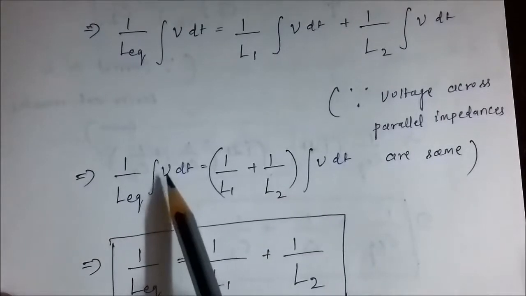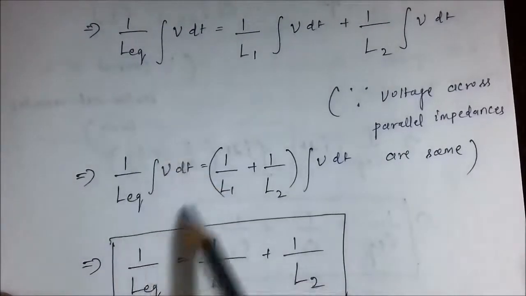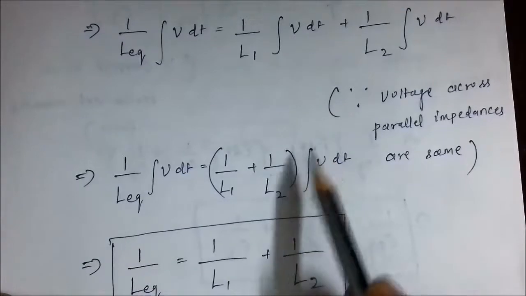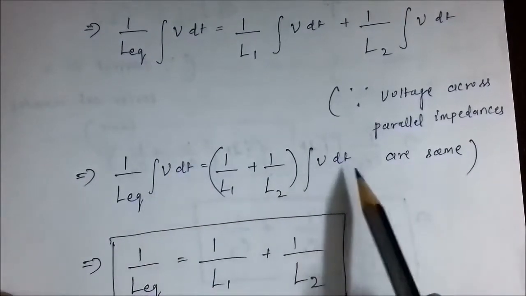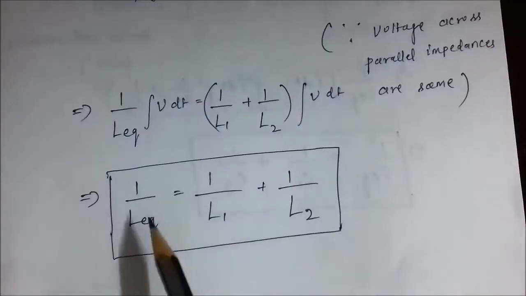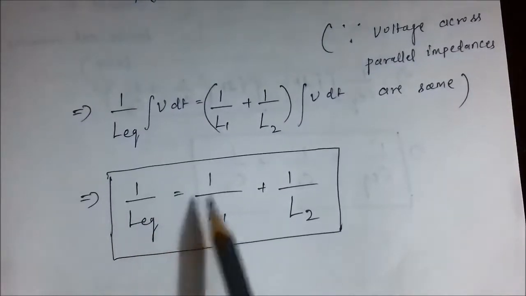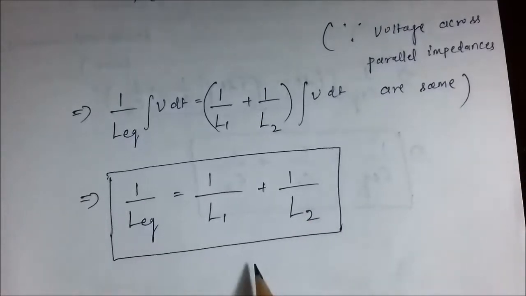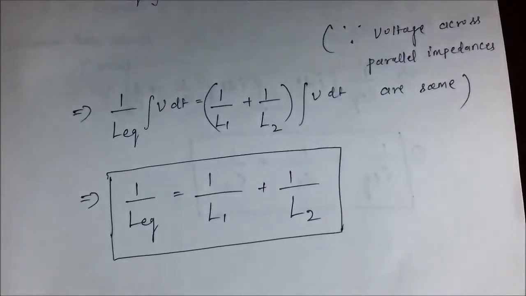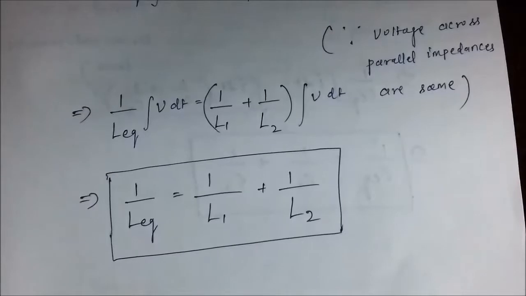This term gets cancelled from both LHS and RHS, this integration of V dt term, and we get 1 by L equivalent is equal to 1 by L1 plus 1 by L2. So the equivalent expressions for both resistors and inductors is the same.